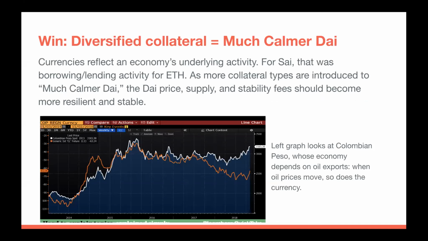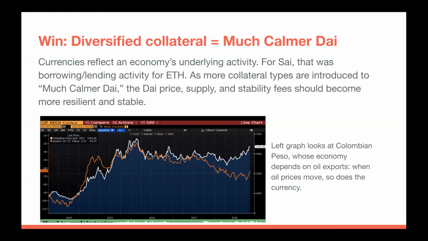So I think the biggest win is really being able to add more collateral types into multi-collateral Dai, which allows us to create a much calmer Dai. One way to think about this is that any given currency really reflects an economy's underlying activity. And for single collateral Dai, that simply reflected the demand to borrow and lend against ETH.